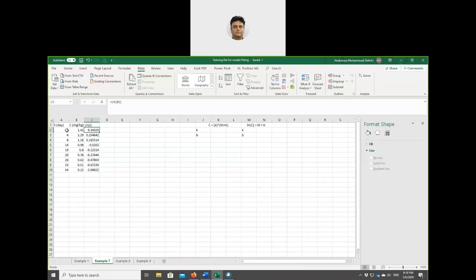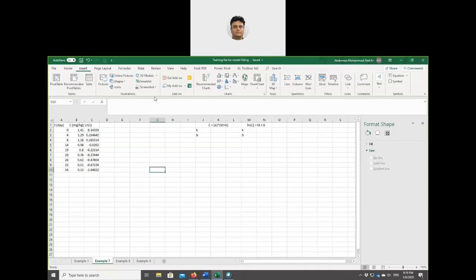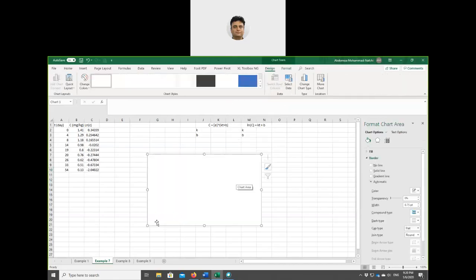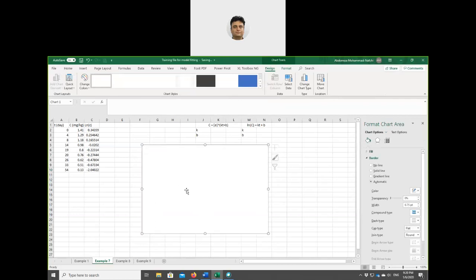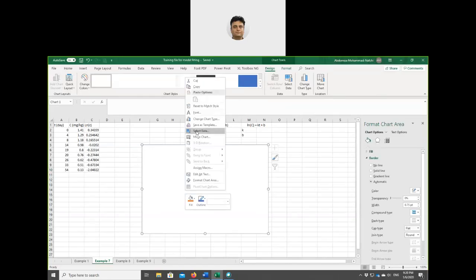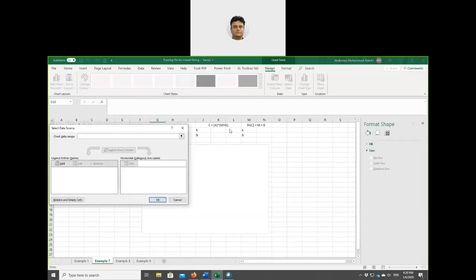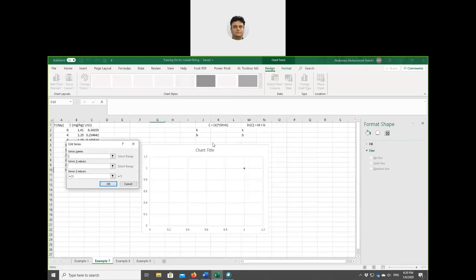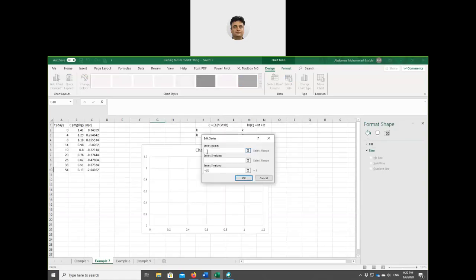I want to make a linear fitting. Just click far from your data, press Insert, press Scatter, and choose the first one. It's empty, so I want to bring the data here. Right click, select data, add series. You can put a name or leave it empty.